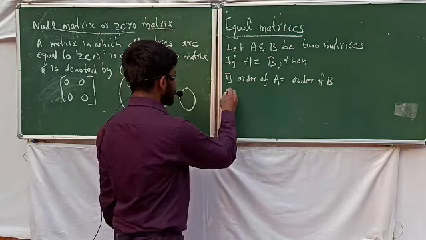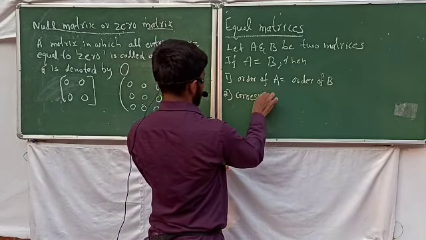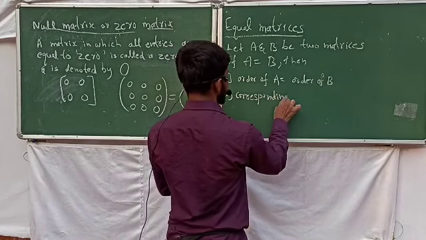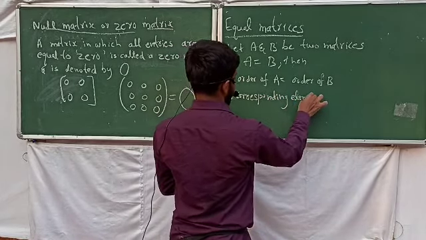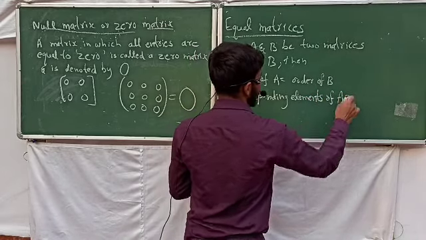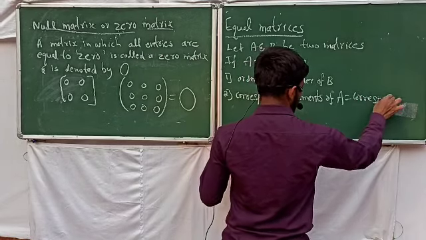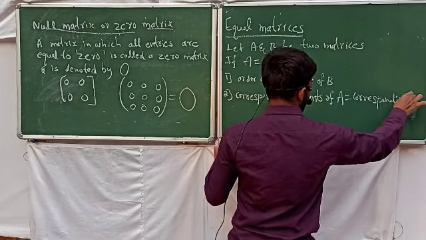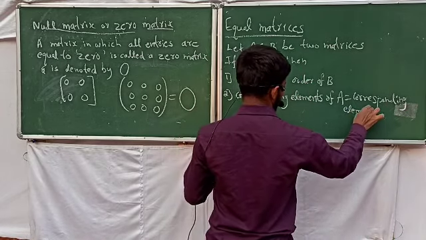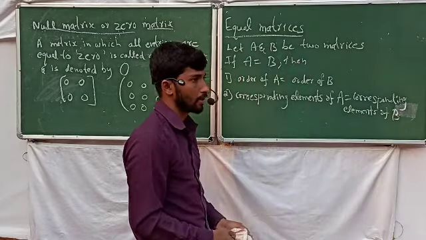The second one: corresponding elements of matrix A must be equal to corresponding elements of matrix B. It's the second condition.